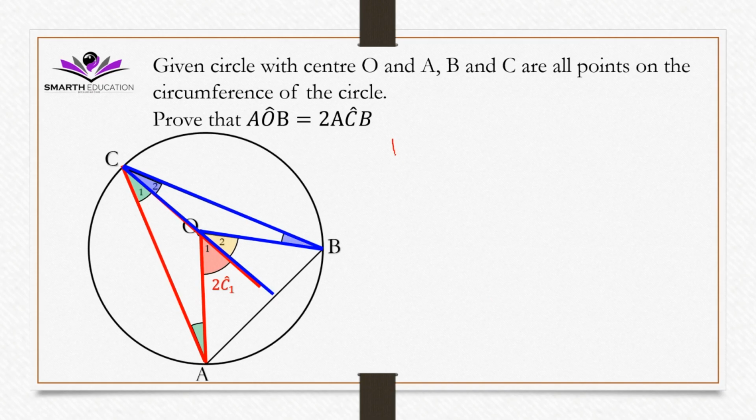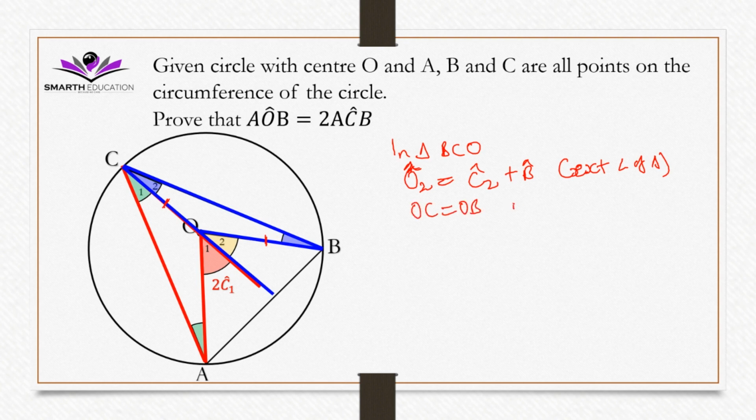In triangle BCO, angle O2 is equal to angle C2 plus angle B, exterior angle of a triangle. But side OC and side OB are equal. OC is equal to OB, the radii.